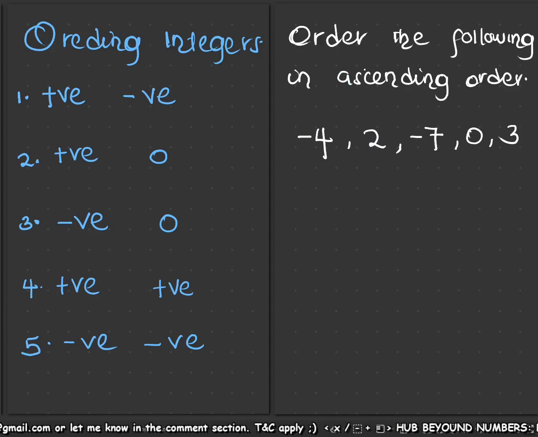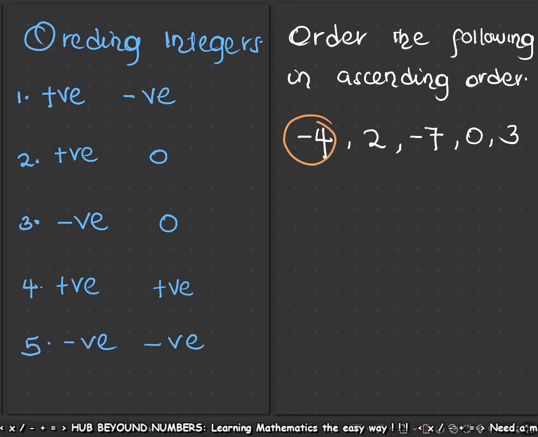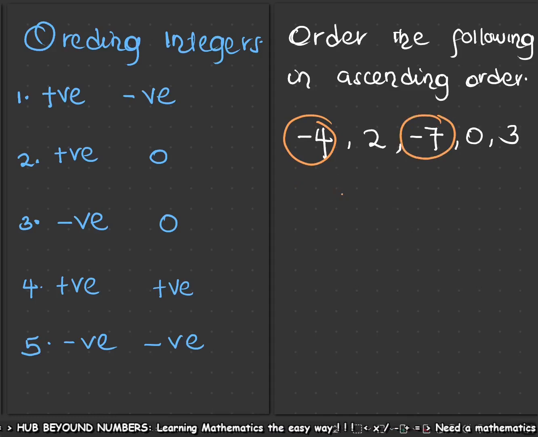It says order the following in ascending order. Ascending order simply means the smallest to the biggest. And as we have said, the negative numbers are always the smallest. So let's take note of the negatives. You have -4 and then -7. I said earlier on that if you want to compare them, we can use the number line.